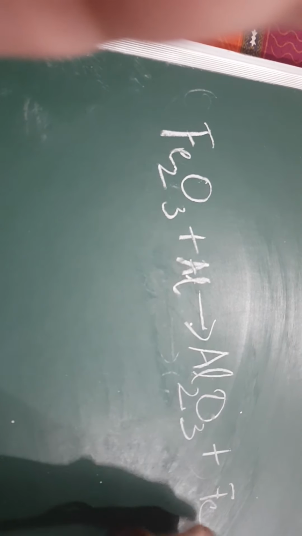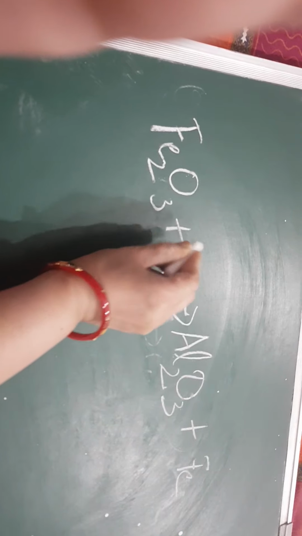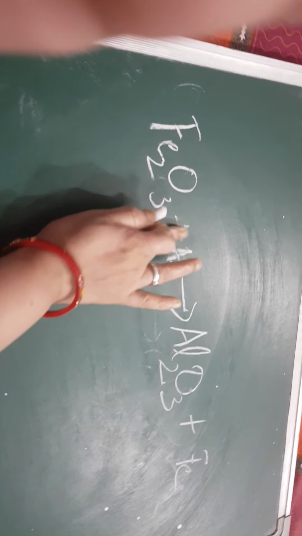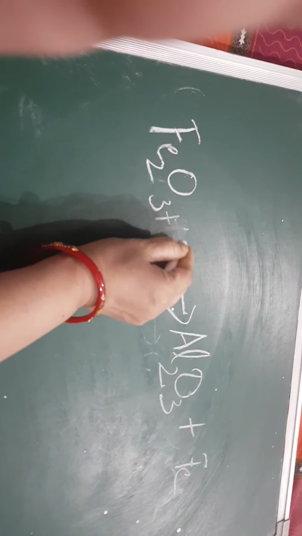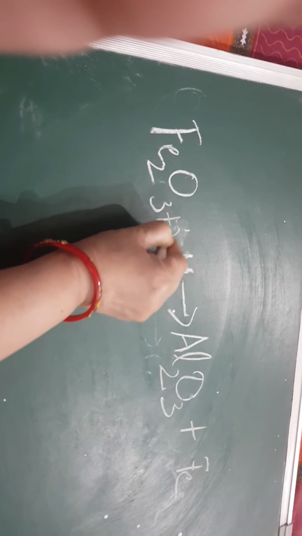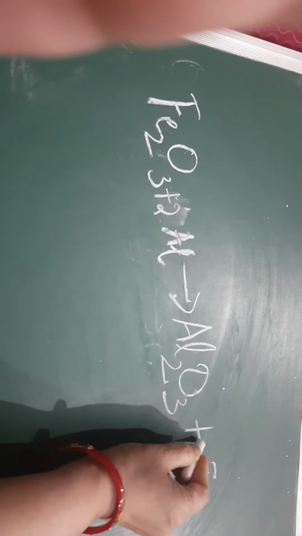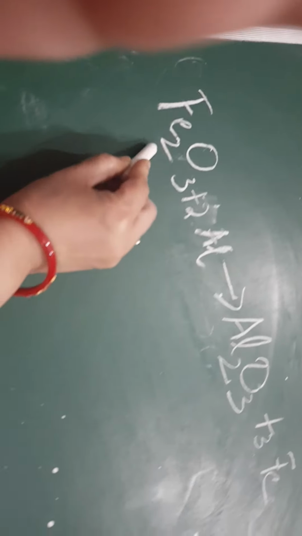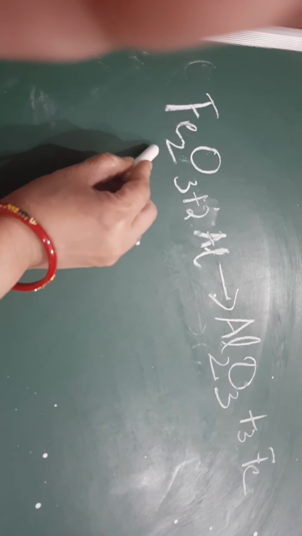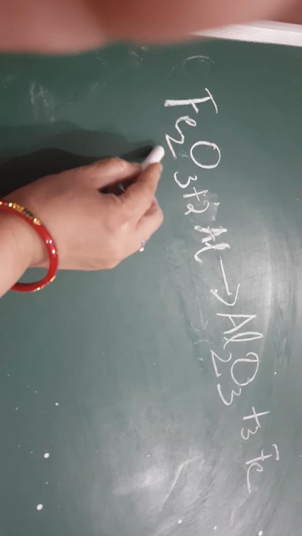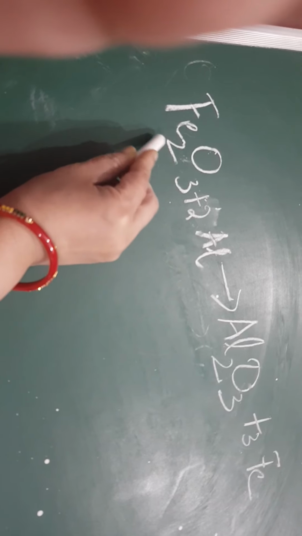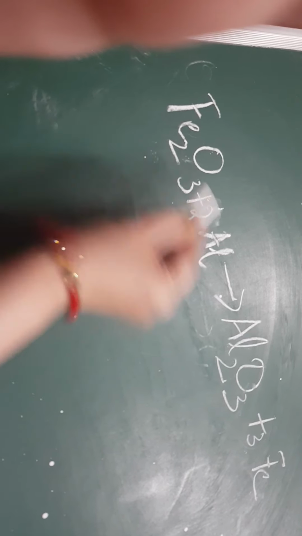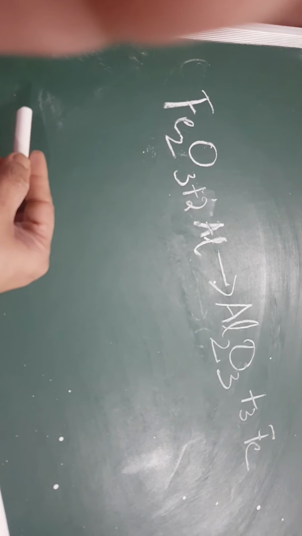Before discussing anything, first tell me which type of reaction this is. As aluminium is more reactive than iron, it is displacing iron from ferric oxide, Fe2O3, so this is a single displacement reaction.